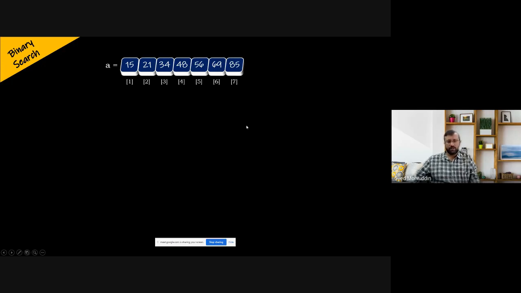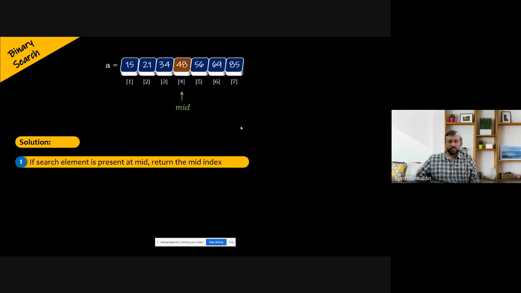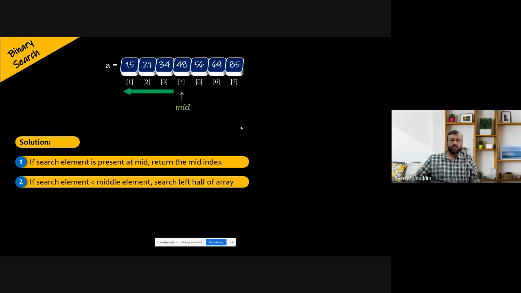There are 7 elements. Now the solution for this binary search problem is to compute the mid value and check if the element is present at the mid index. If it is present, return the mid index. Or we check if the element we are trying to search is less than the mid element.